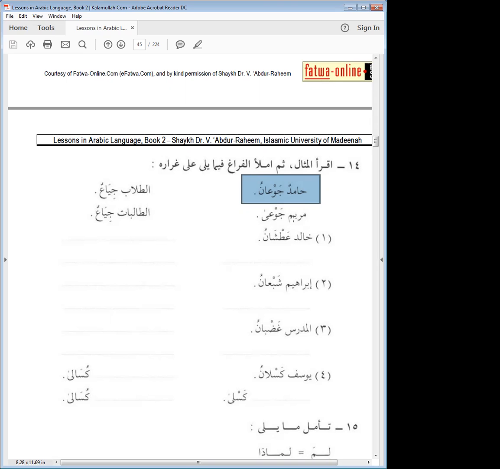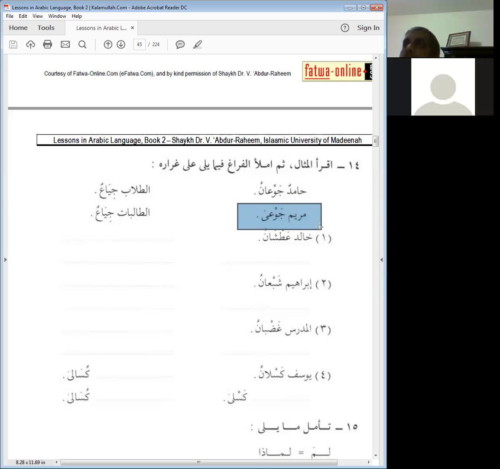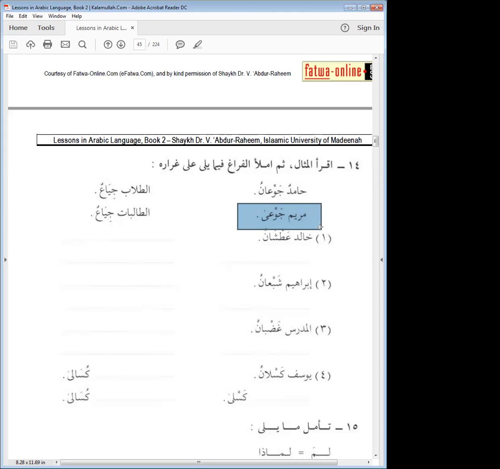Now look at how it changes here, in the example below. Maryamu Jawa. See how it changes? So masculine is Jawanu, feminine is Jawa. There's no noon at the end there.